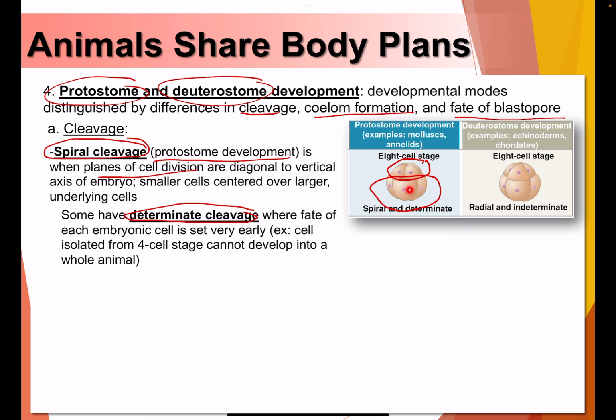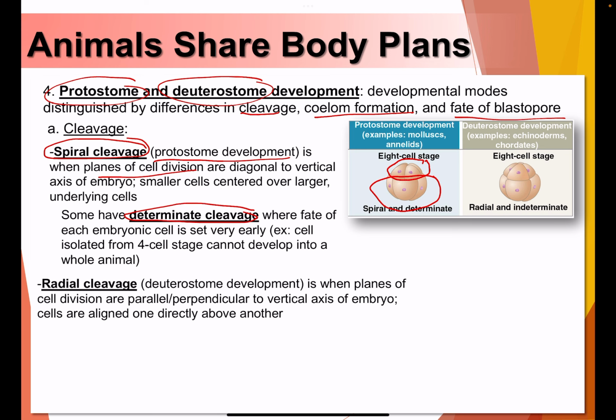So if you were to take a cell from this embryo, let's say a four-cell stage embryo, that one cell cannot develop into a whole animal because that cell is already determined to be a part of the body. Let's say that was for a hand or a tentacle. If you take that cell, it can only become a tentacle. It cannot become a whole new organism. And that's what we mean by determinate cleavage. The fate of the cells is decided early on in development.